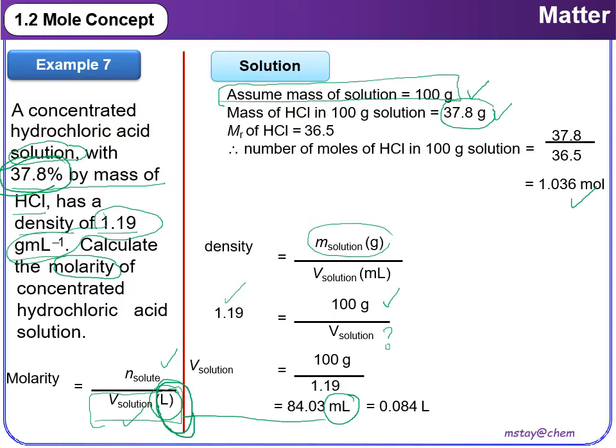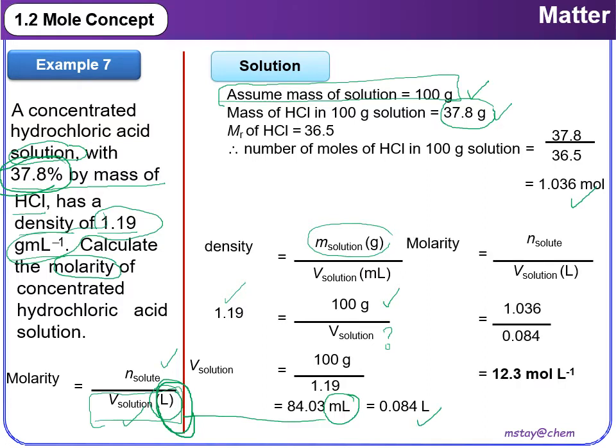So we convert the milliliter into liter, and then we can substitute the number of mole and also the volume of solution in liter into the formula. So this is the final answer.